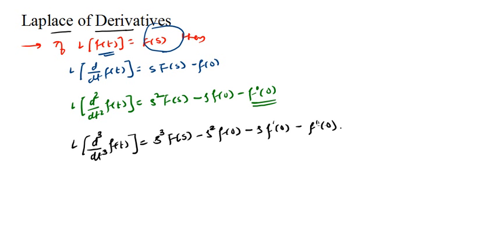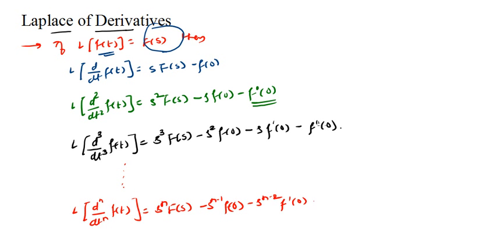On a similar basis we can calculate the Laplace transform of the nth derivative of the function f of t. This will be d n by dt raised to n of f of t, and this will be equal to s to the power n F of s minus s to the power n minus 1 f of 0 minus s to the power n minus 2 f dash of 0 minus s to the power n minus 3 f double dash of 0, and so on.